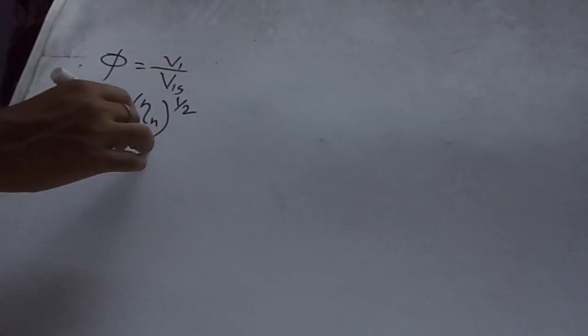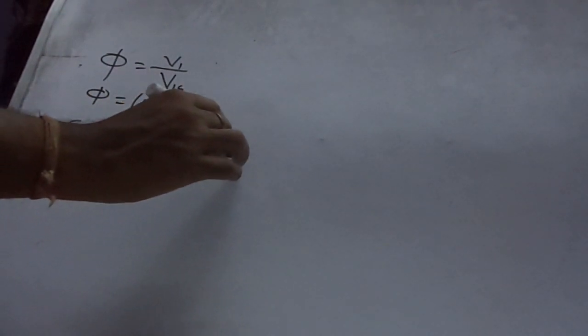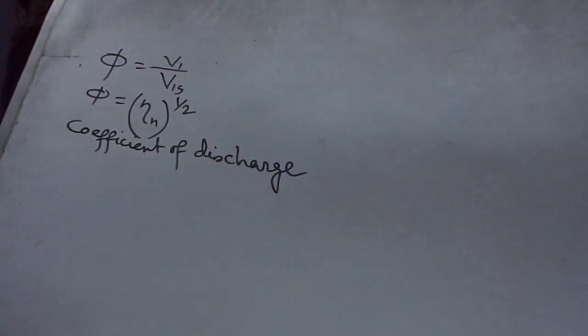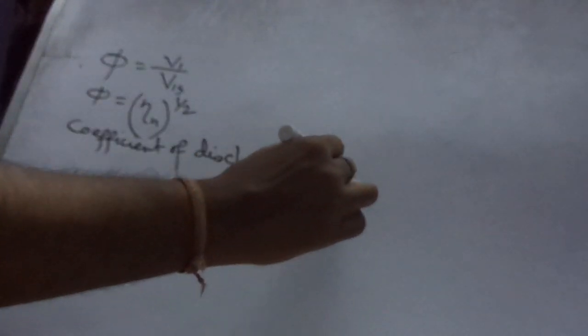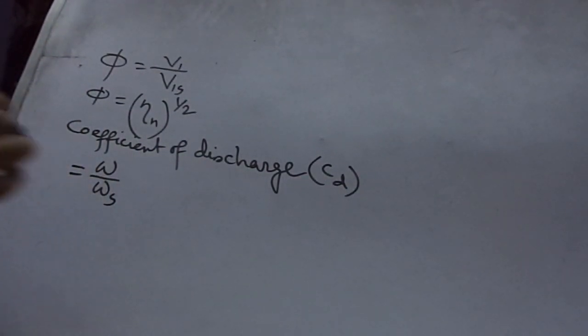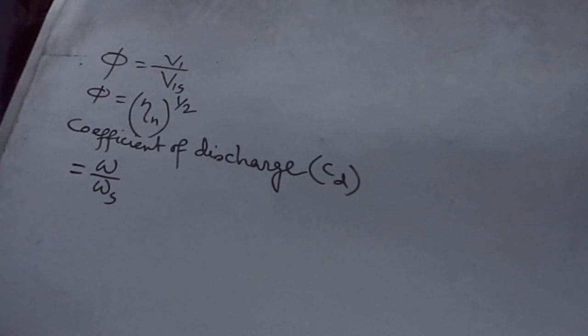Coefficient of discharge CD equals omega divided by omega s.